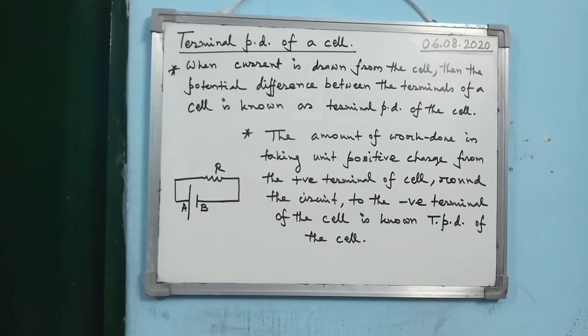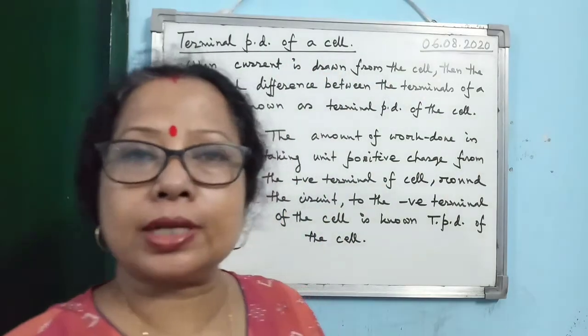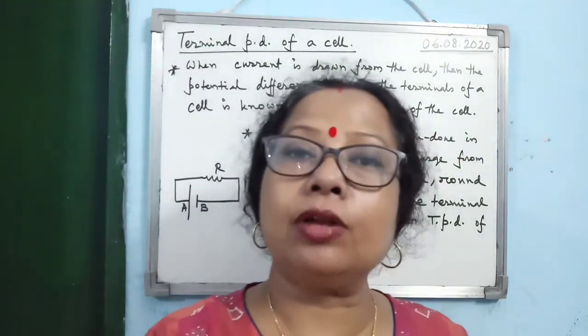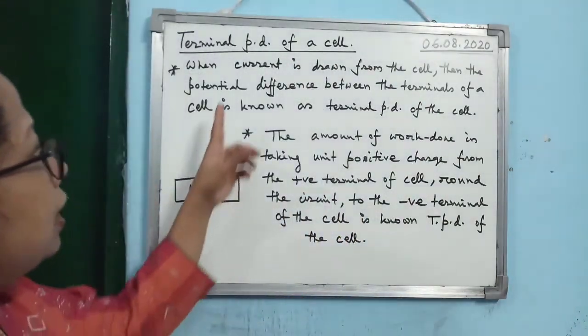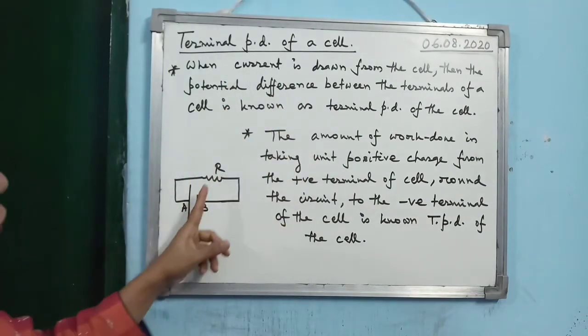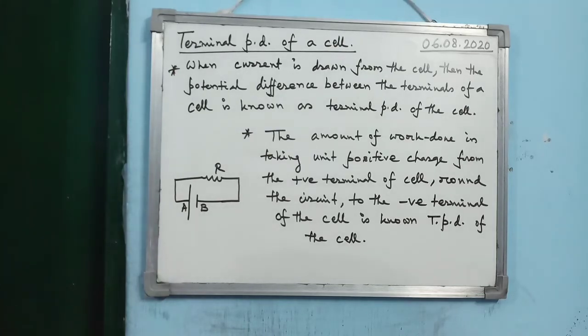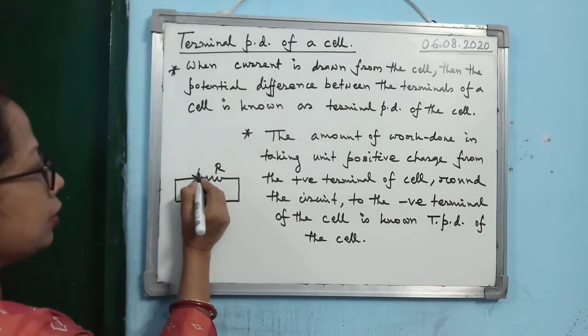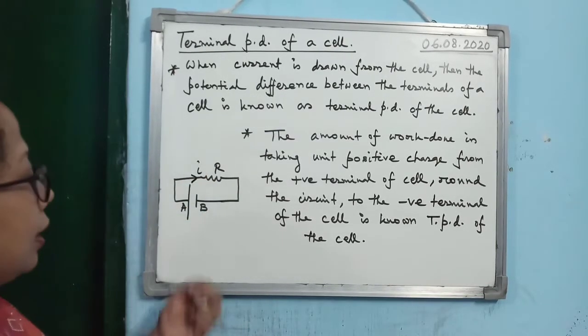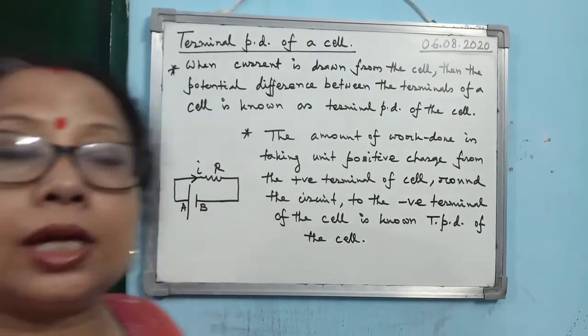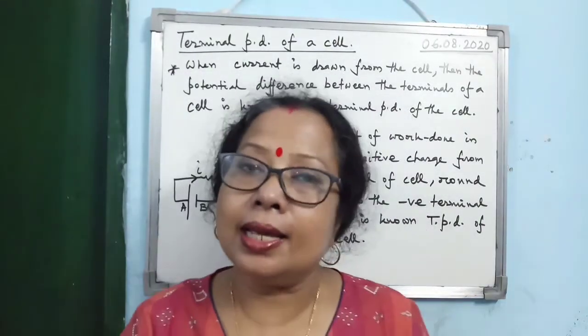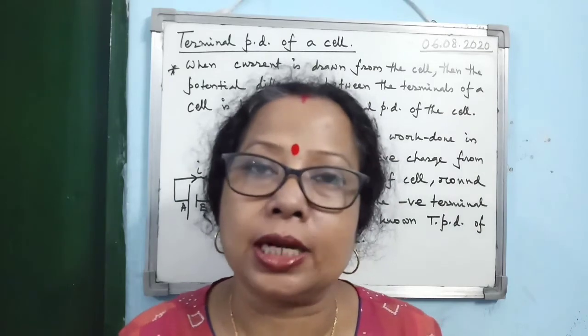Now the next topic you have to understand is, what is terminal potential difference of the cell? We also call it as terminal voltage of the cell. So terminal potential difference means when the cell is supplying current in the circuit. Alright, means current is passing through the circuit, then the potential difference between the two terminals of the cell is called as terminal potential difference.